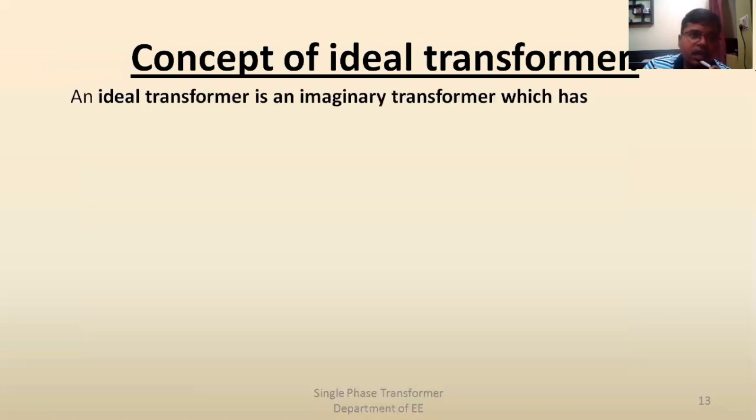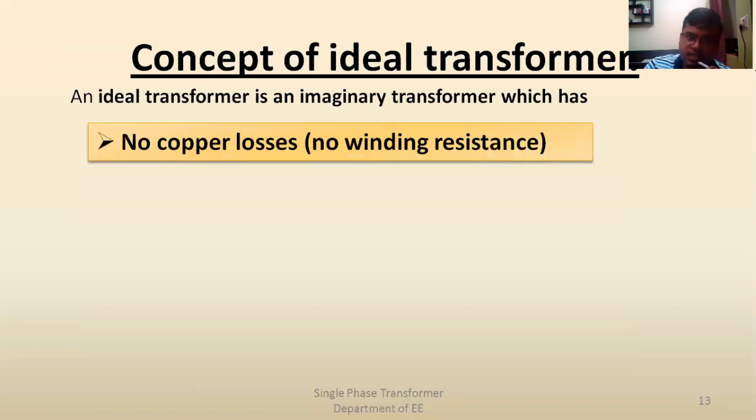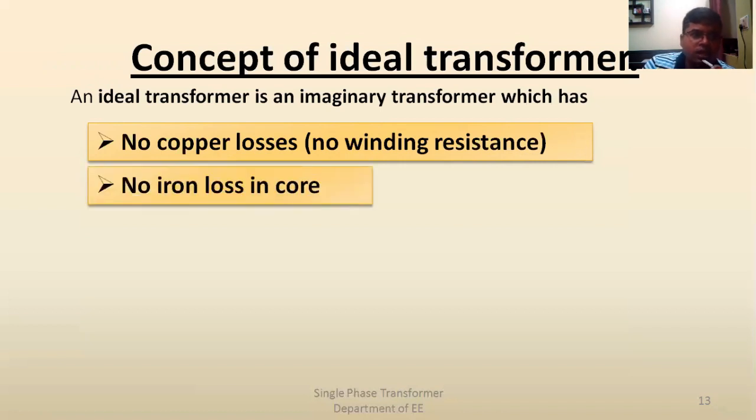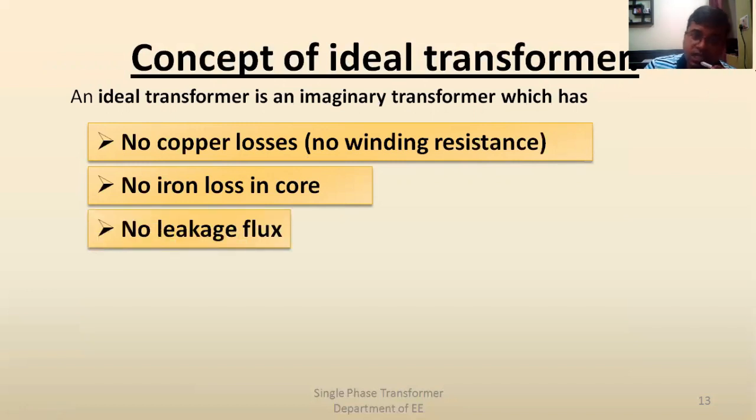See here, an ideal transformer is an imaginary transformer which has no copper loss, that means no winding resistance, and no iron loss in the core. These are not practical, right? But if we assume that there is no copper loss and no iron loss in the core, then this will be an ideal transformer. The concept is that there is no leakage flux in the transformer.